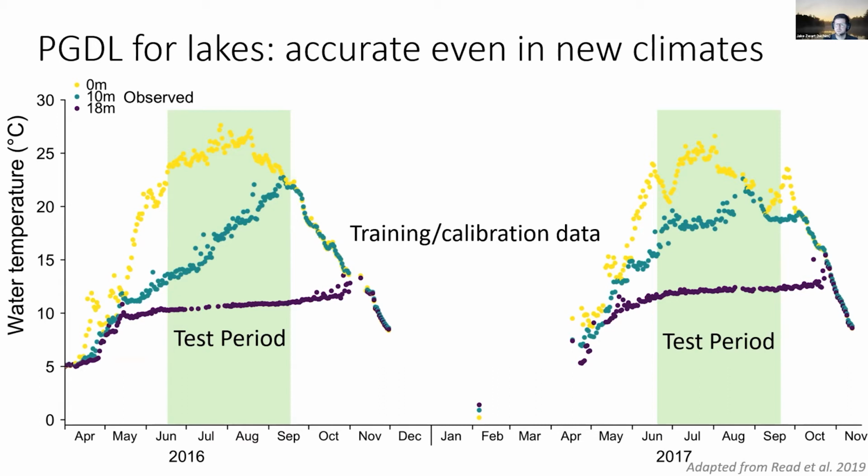And then we're withholding all the summertime data, the warmest periods of this lake temperature, and using that as the test period. So it's an unseen condition for the model. It's being trained on the colder periods and tested on the warmer periods. And we expect most models to not do very well because these are unseen conditions.